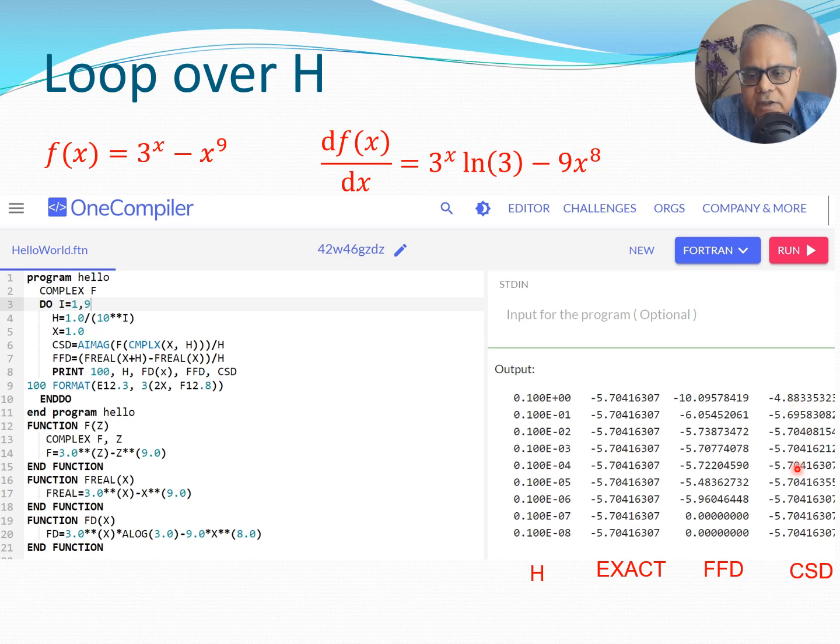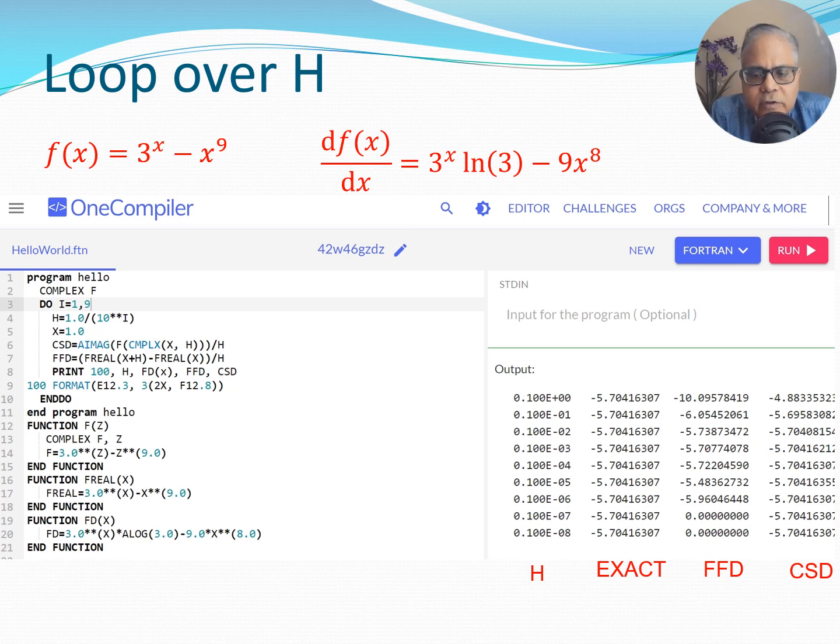But the CST, that is the complex step, is much more robust, and the complex step in fact not only converges faster, but is very good at low values of h also. So certainly this is a nice method. You can also see here that I had to define the function again as an f real function, because in the case of the complex step derivative I'm using a complex function for that particular process, but for the forward finite difference I use the real function value.